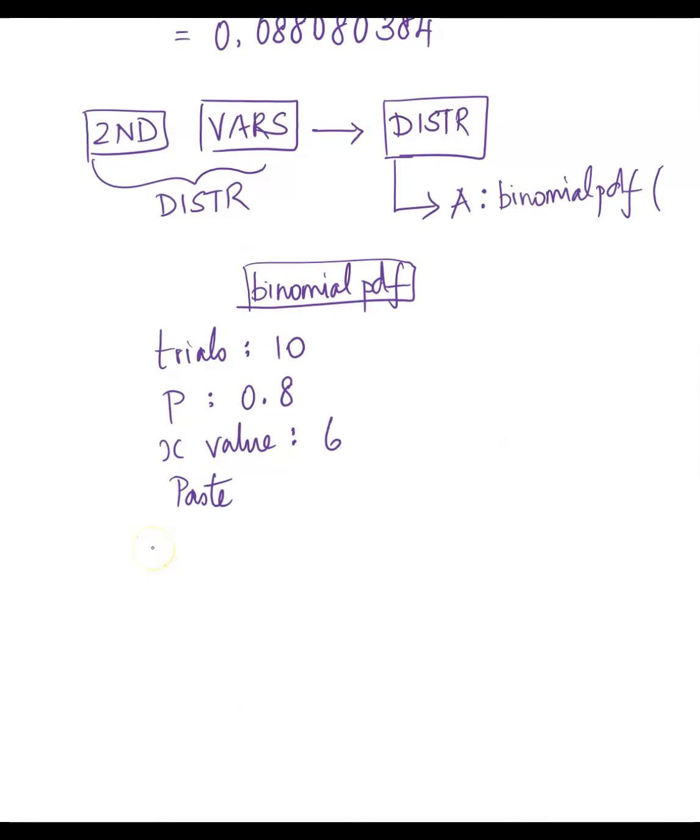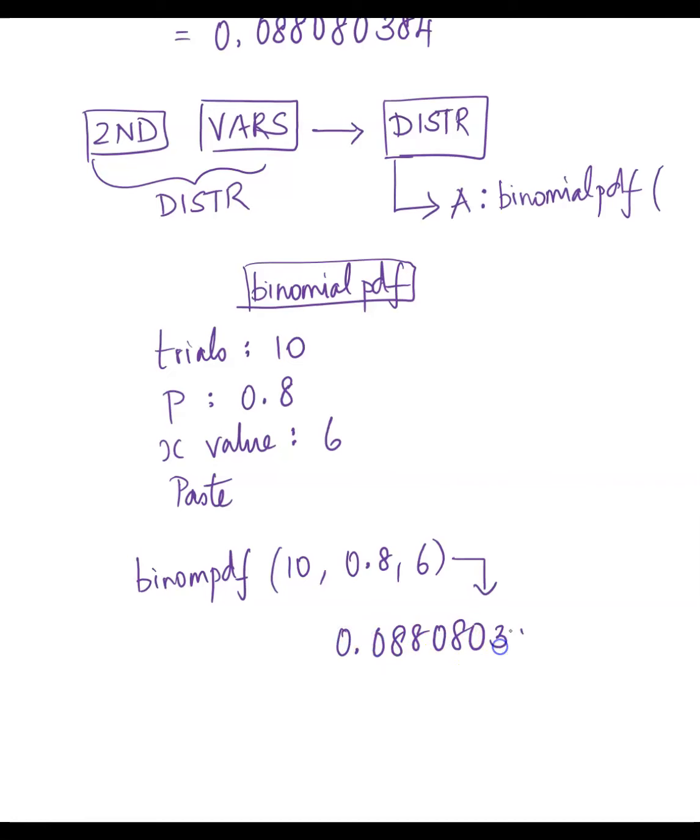It says Binom Pdf 10, 0.8, 6. In some calculators I've seen that it'll take you to this screen and ask you to enter the 10, 0.8, 6. So it just depends on your calculator version. Well, hit enter, and that gives you 0.088080384.